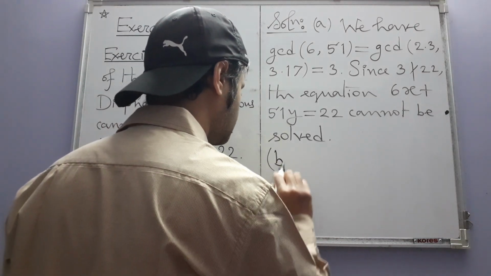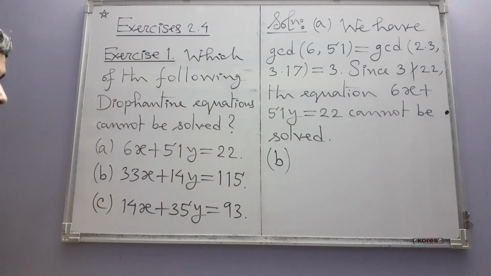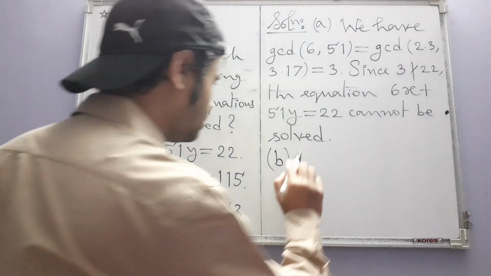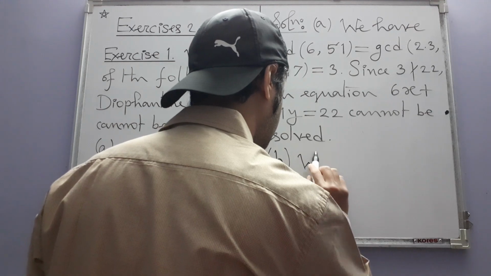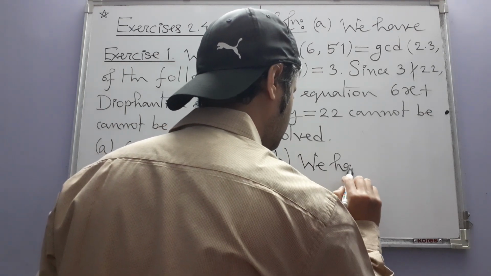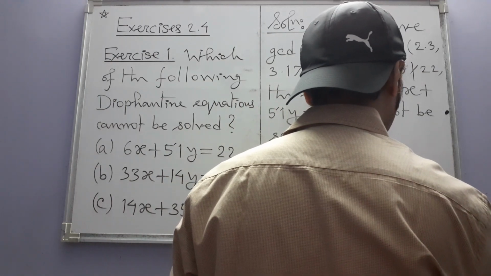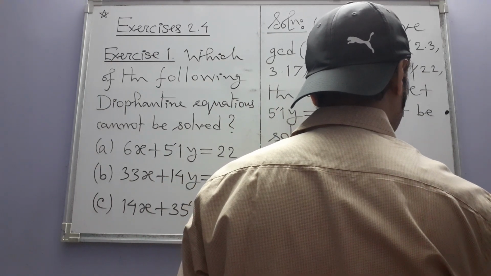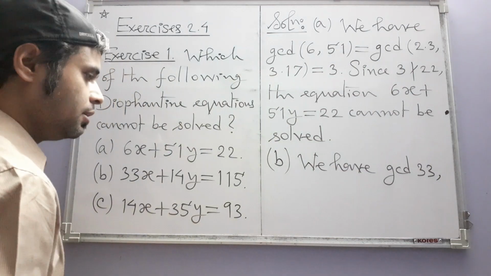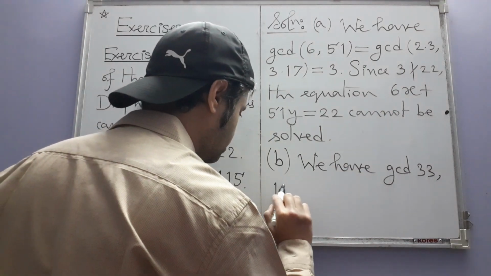So now we see part B. In part B, just like part A, we have to calculate the GCD of 33 and 14.